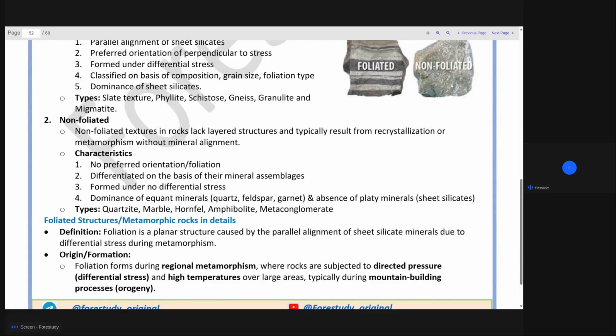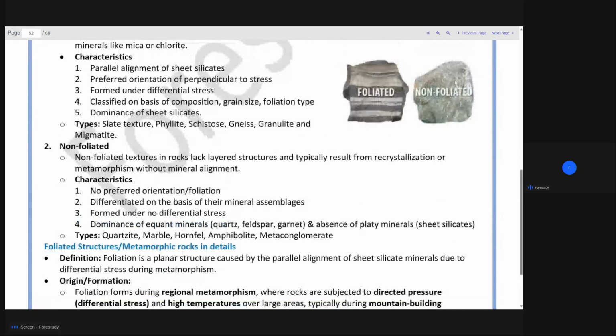Mostly these non-foliated metamorphic rocks are formed near a batholith, due to contact metamorphism. You will find non-foliated rocks in contact metamorphism, whereas in regional metamorphism, under differential stress, or due to overburden pressure, you will find foliated rocks.